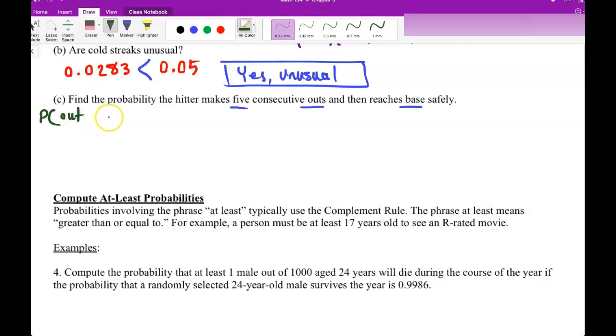The first try was out, second out, third out, fourth out, fifth is out, and finally after that we have base.